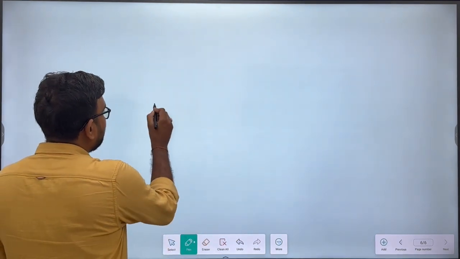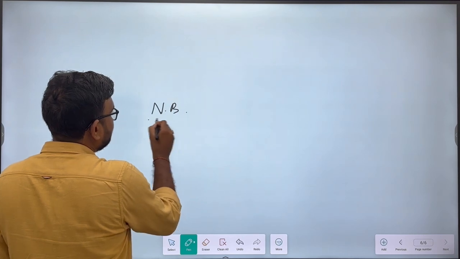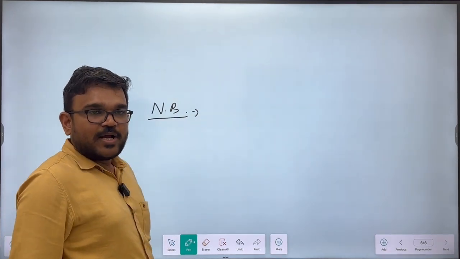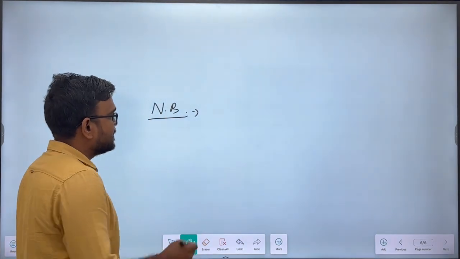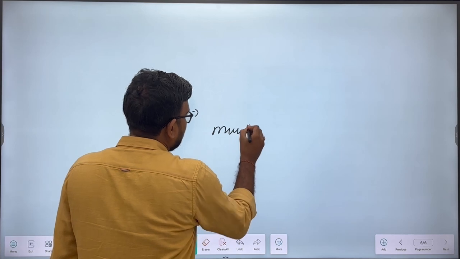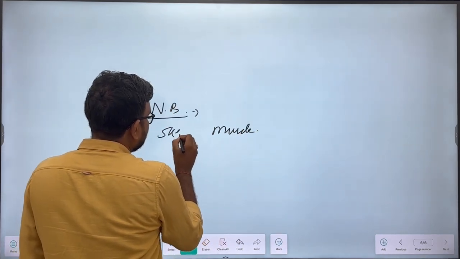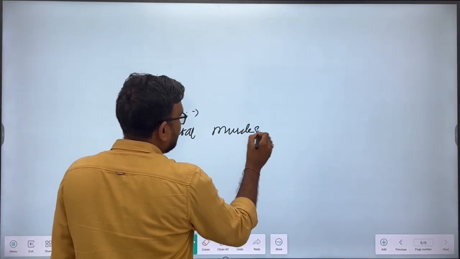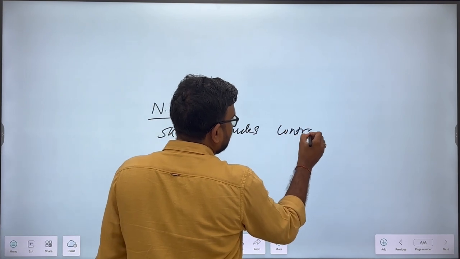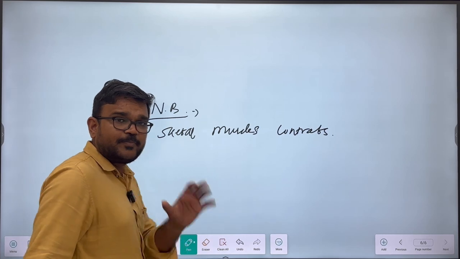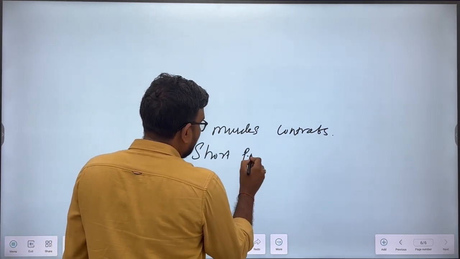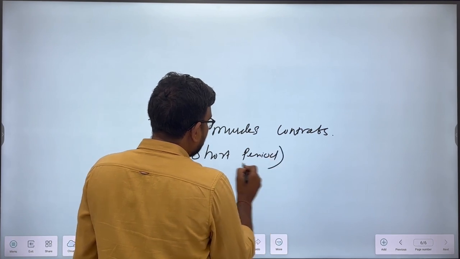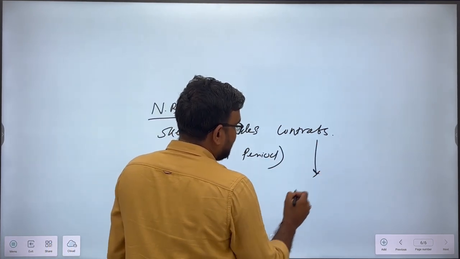One point to remember: while initiating the exercise, the skeletal muscles contract for a brief period. What will happen?